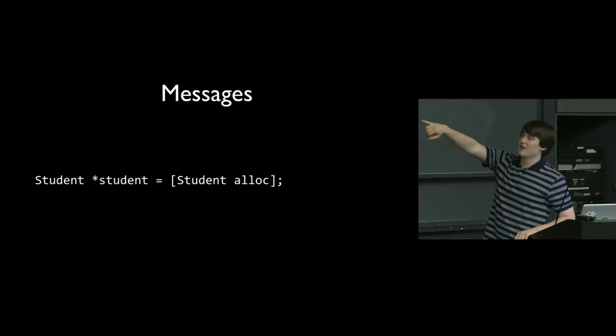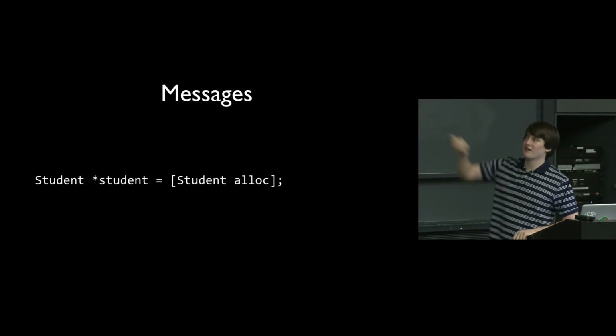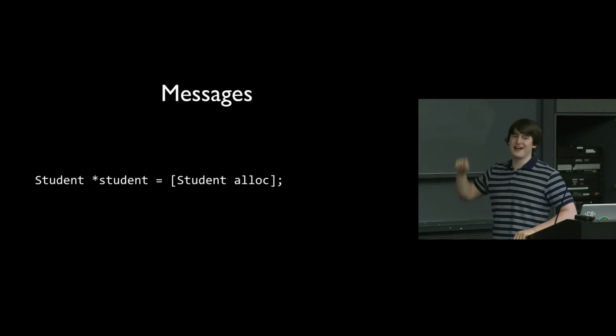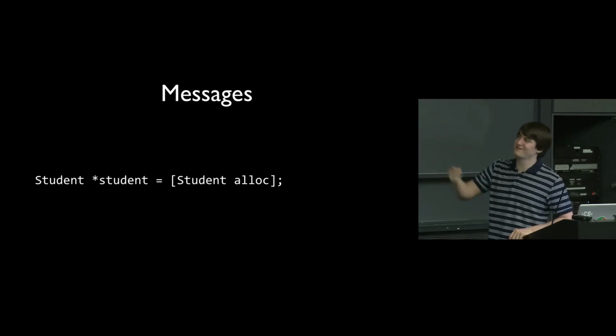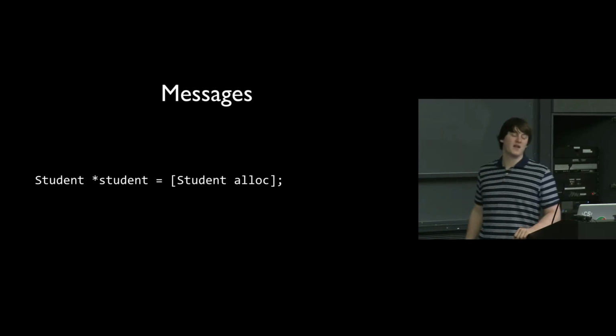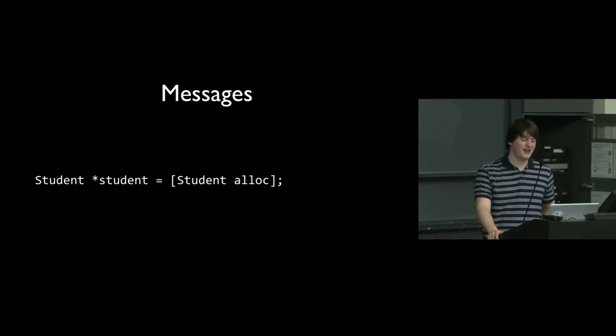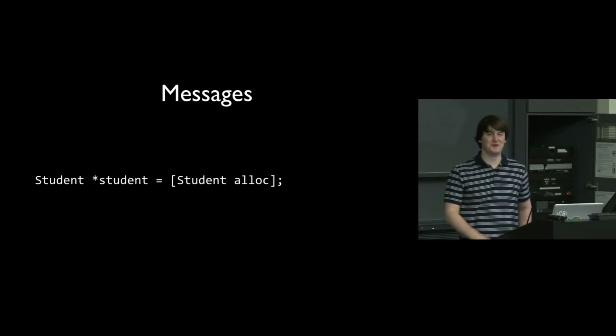And here we're saying the student class has a method called alloc. And so send to the student class that method, invoke that method, and then that is supposed to return a student star. And so this alloc is going to be pretty much everywhere.